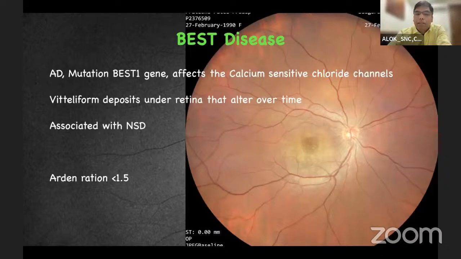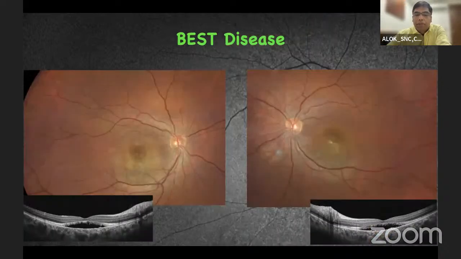Now, another disease that can be picked up very well on fundus autofluorescence is Best disease. And here you have vitelliform deposits under the retina, and these may alter over a period of time. There are different stages that have been defined, and this is associated with neurosensory detachment.